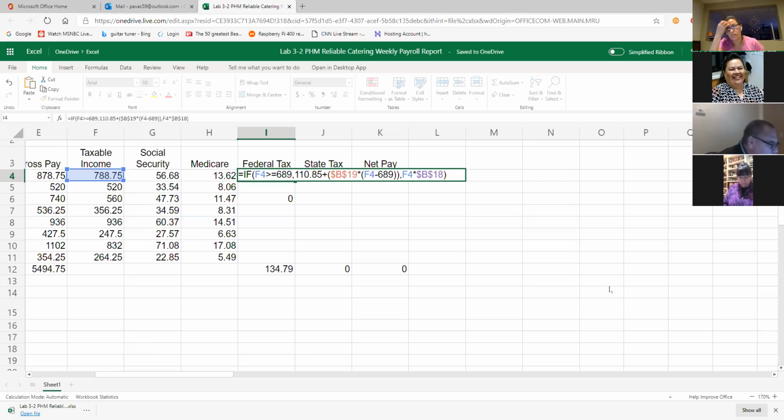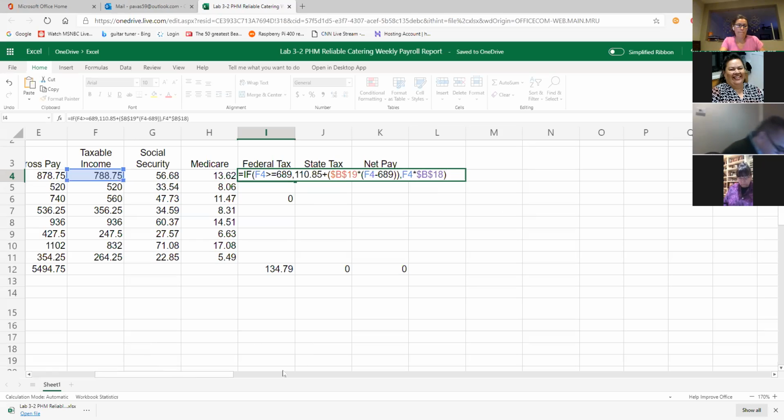So you have 1, 2, 3 parentheses. That was my error. I only had 2 parentheses. I didn't have that in the parentheses for this. And then this last part.